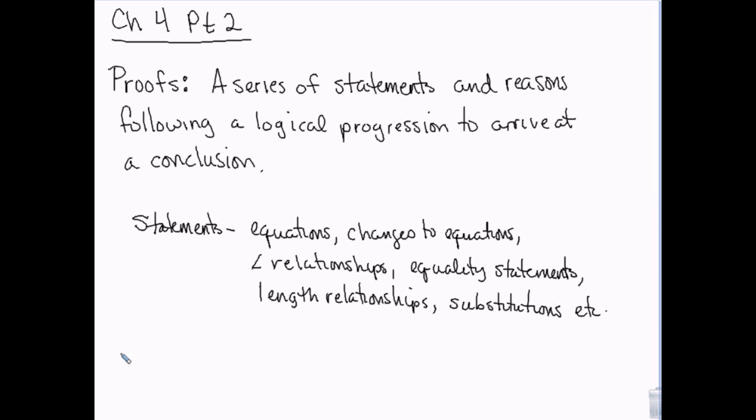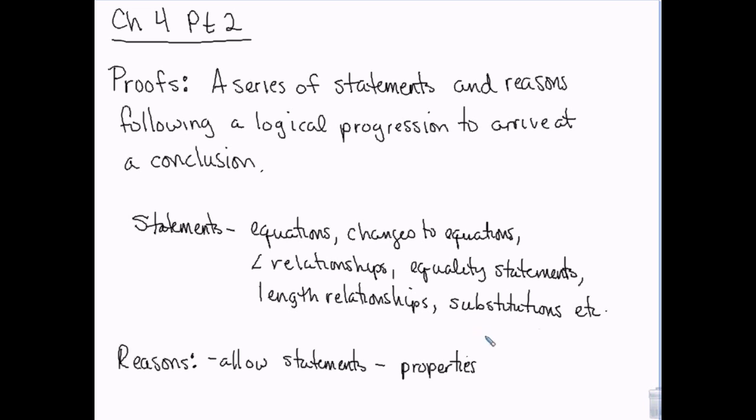Now, the reasons are the things that allow you to do that. So they allow for the statements. And so reasons are properties. So you can have addition, subtraction, multiplication, and division. Those are all properties because you can add and subtract to both sides. You can have commutative, associative, substitution, reflexive, and we're going to go over all these properties, okay?